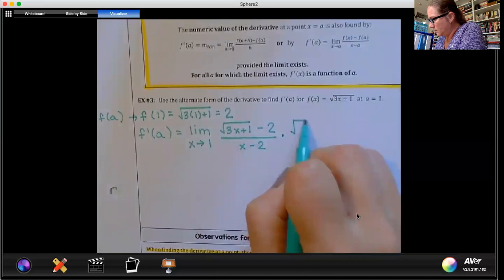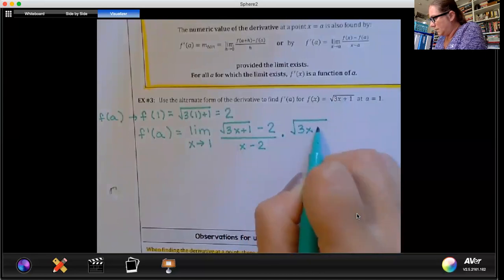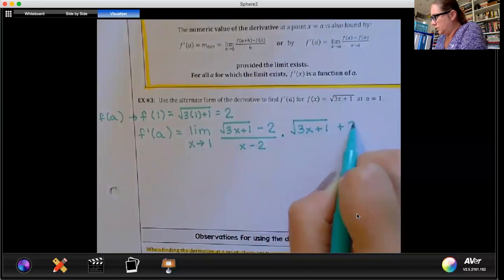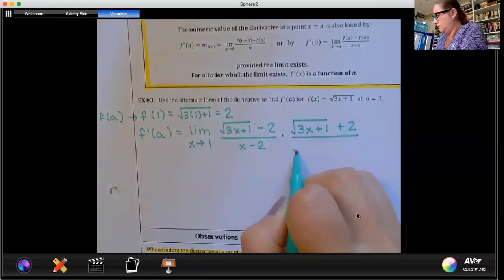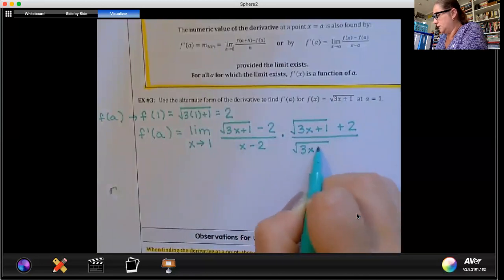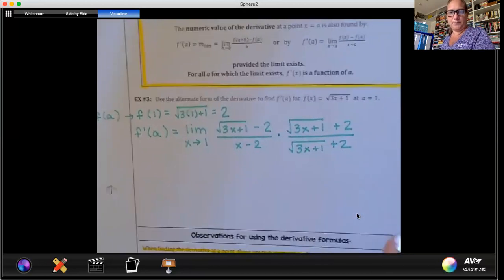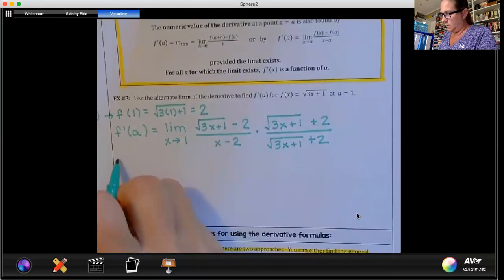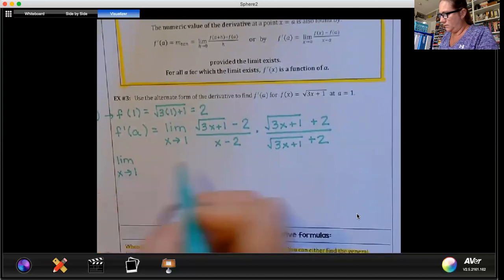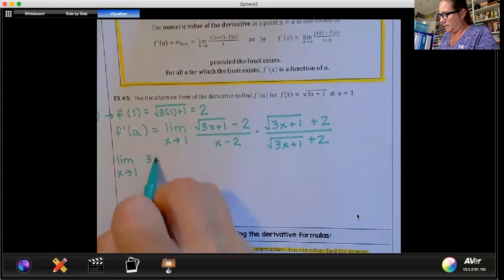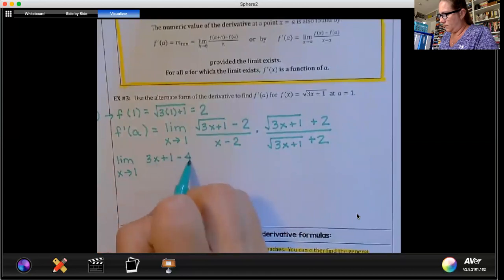So square root of 3x plus 1 plus 2 over the square root of 3x plus 1 plus 2. So the limit as x approaches 1 of 3x plus 1 minus 4.